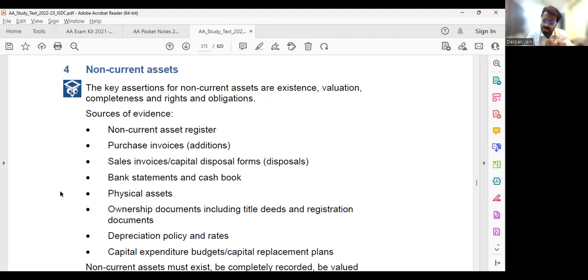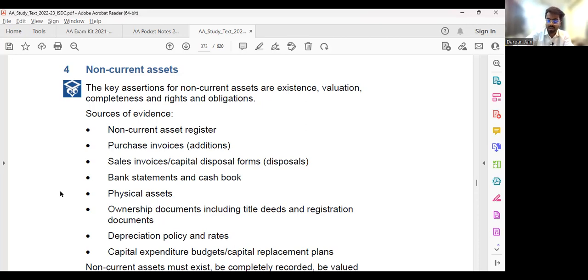Similarly, when you're selling a fixed asset, you will either issue an invoice or you will have a capital disposal form. And the amount that you're paying for purchase of a fixed asset or the amount that you're receiving for sale of a fixed asset, those amounts will be reflected where?